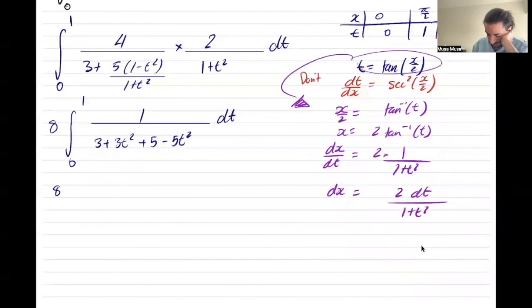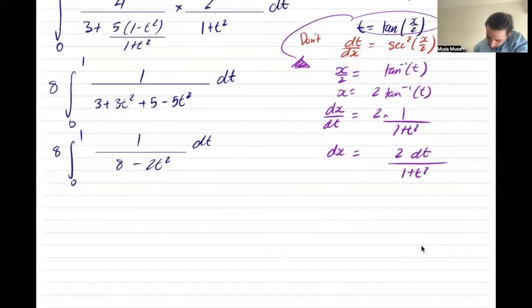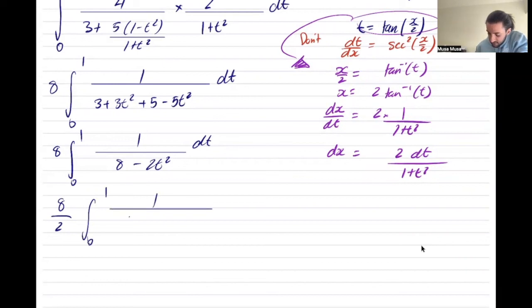So 8 integral 0 to 1, 1 over, and then what is this? 8 minus 2t squared. I'm going to factor out a 2 from the denominator. 8 over 2, integral from 0 to 1 of 1 over, and when you factor out a 2, it's 4 minus t squared dt.